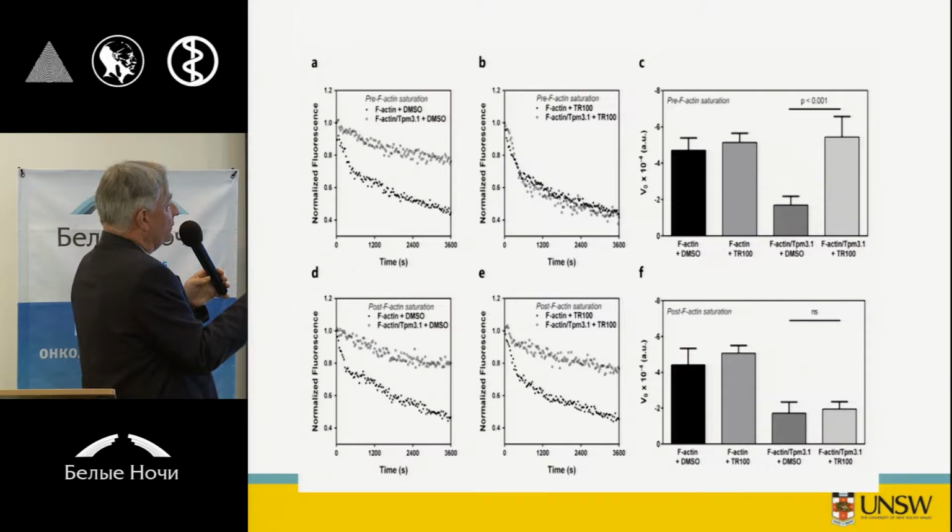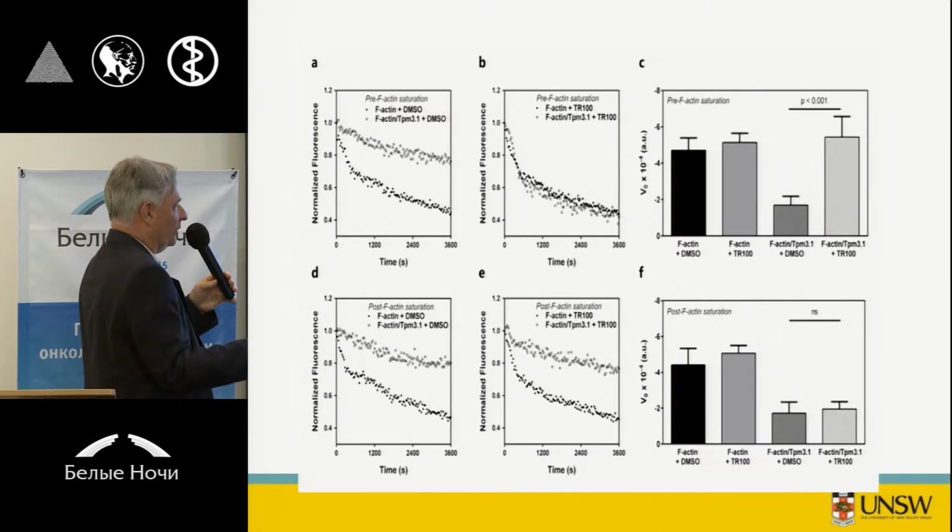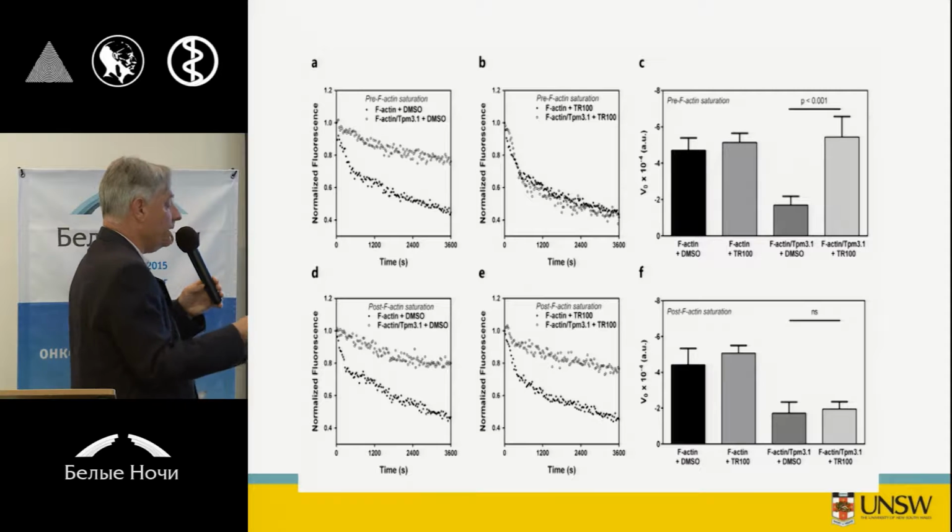If you take the drug TR100 and you incubate it with the tropomyosin, and then you allow it to bind to actin, what you see is that in the presence of the drug, the tropomyosin no longer protects the actin filament from falling apart, and that is just quantified here.